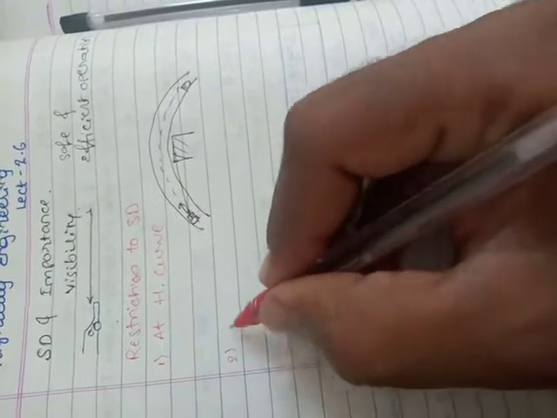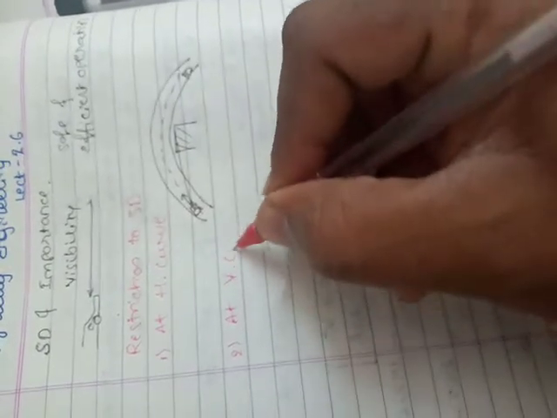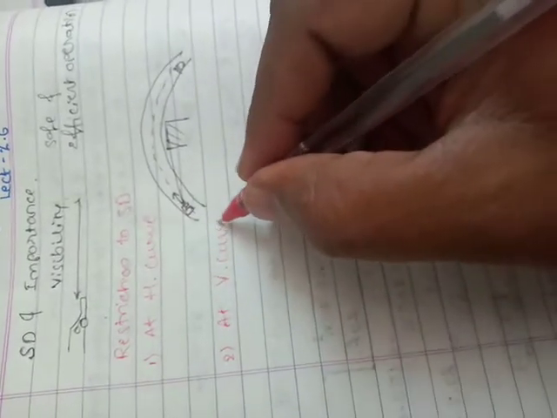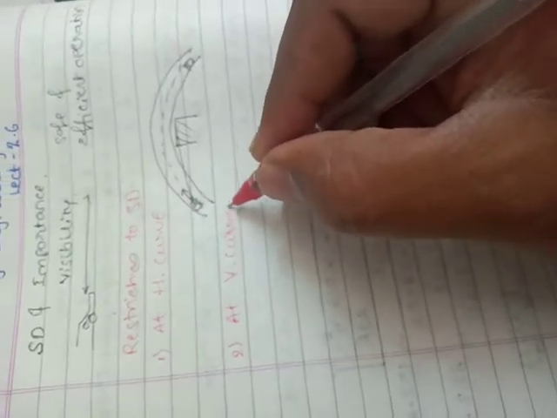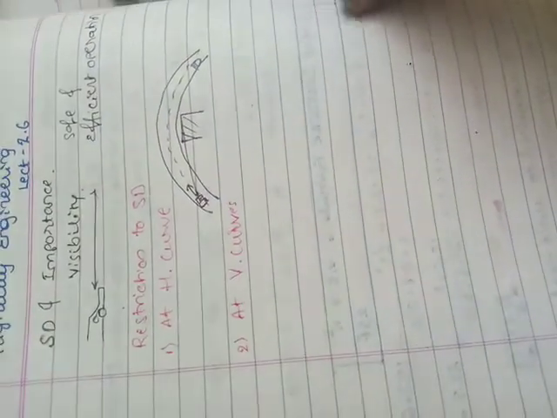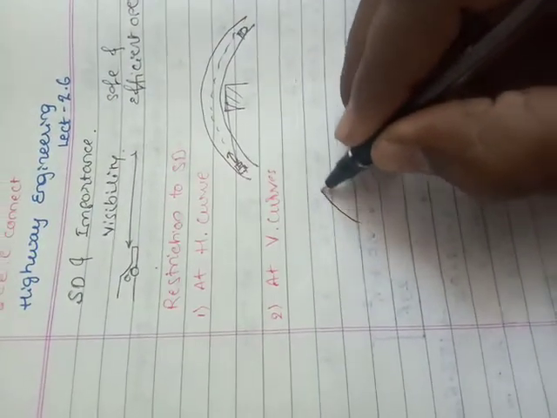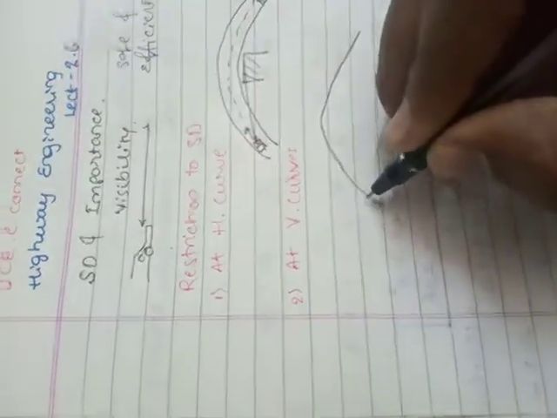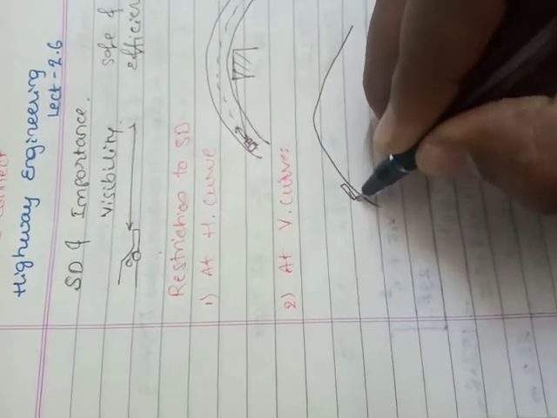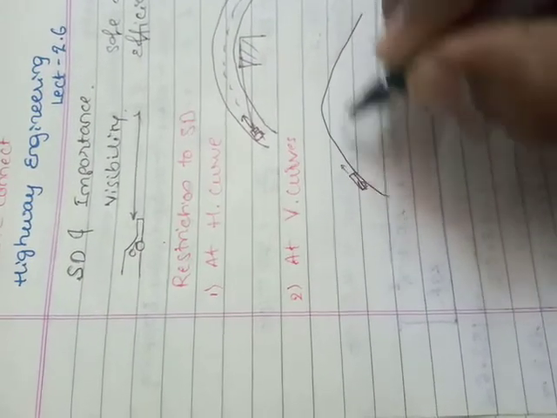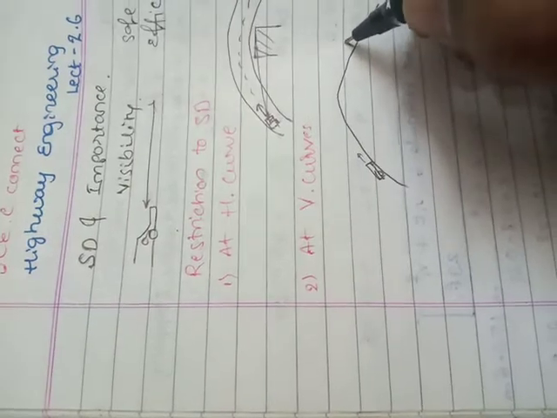Second one is at vertical curves, that is line of sight. Suppose I am taking this as a vertical curve and a vehicle is moving in that direction and another vehicle is coming.